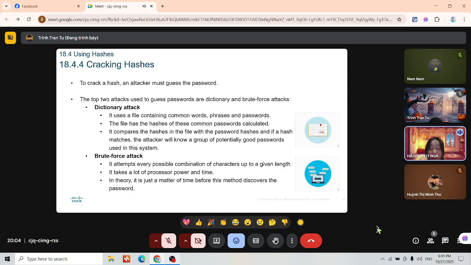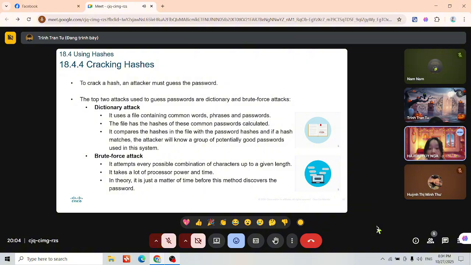It works if users choose weak passwords like 'password' or 12345. The second method is brute-force attack. The attacker tries every possible combination of letters, numbers, and symbols until finding a match.